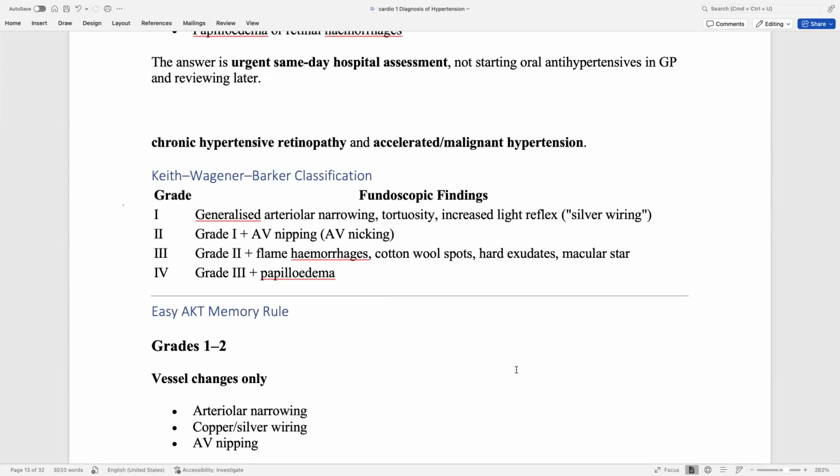Okay, now hypertensive retinopathy. Hypertensive retinopathy is different from diabetic retinopathy because of the mechanism.